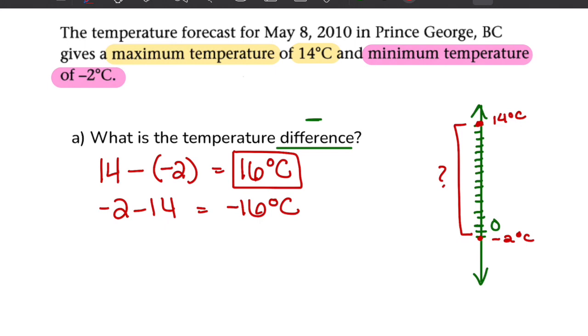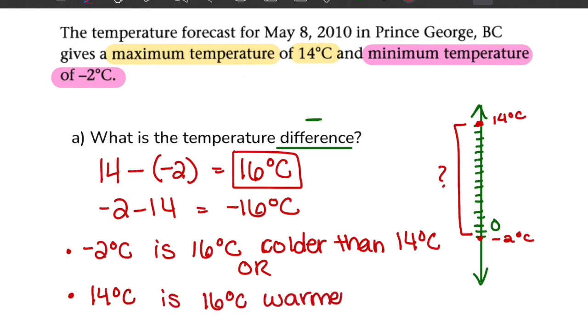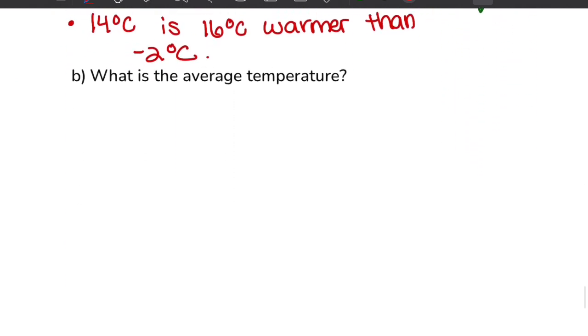So to conclude this question, I'm going to say that -2 degrees Celsius is 16 degrees Celsius colder than 14 degrees, or you can say 14 degrees Celsius is 16 degrees Celsius warmer than -2 degrees Celsius. All done. All right, now let's answer the next and last question.